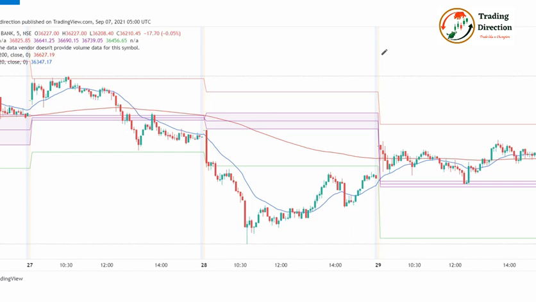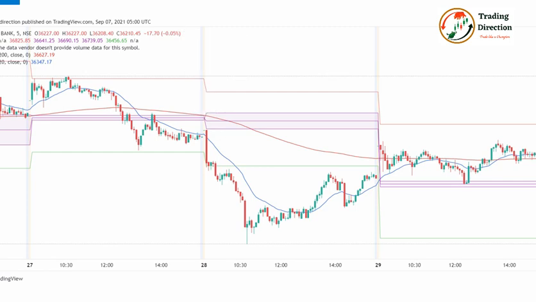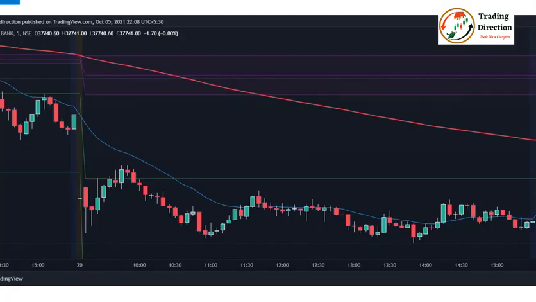If you are getting 300 to 400 points in Bank Nifty, then in options you will get 200 points. If you are successfully able to get even 100 points of that 200, then also you are a successful trader. Here one more example we will see.